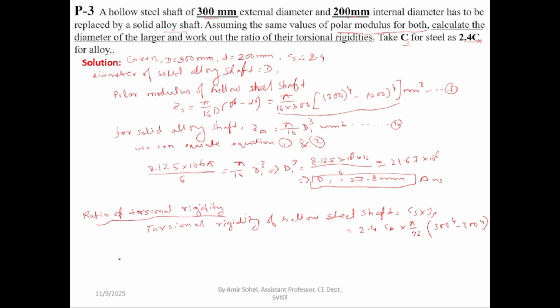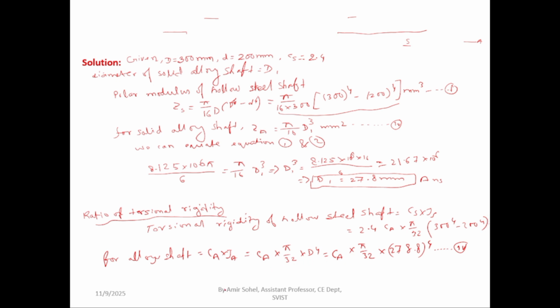And for the alloy shaft, the torsional rigidity will be Ca into Ja, equal to Ca into pi by 32 into D to the power 4, which will give us Ca into pi by 32 into 278.8 to the power 4. This is equation number 4 and the previous one is equation number 3, right?